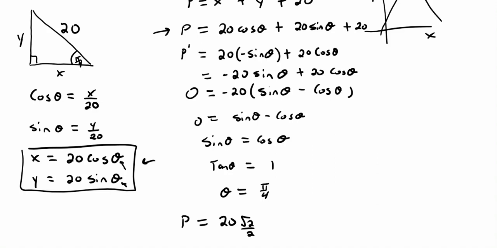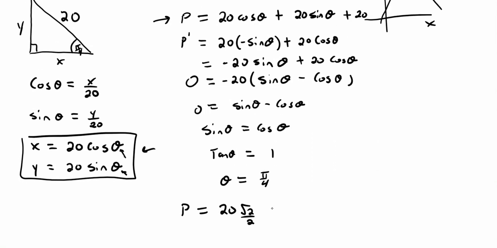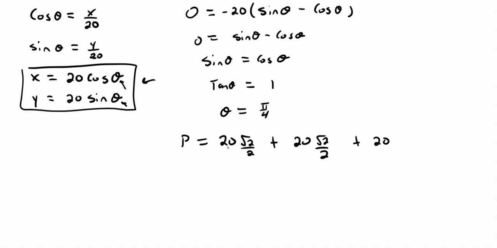So root 2 over 2, and then plus 20 times root 2 over 2, and then plus 20. Now I'll just simplify the 20 and the 2 in both of those. So that'd be 10 root 2 plus 10 root 2 plus 20, and then just combine my like terms, so that would be 20 root 2 plus 20.